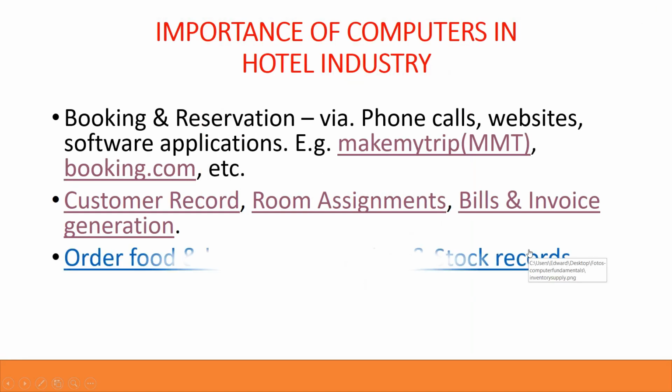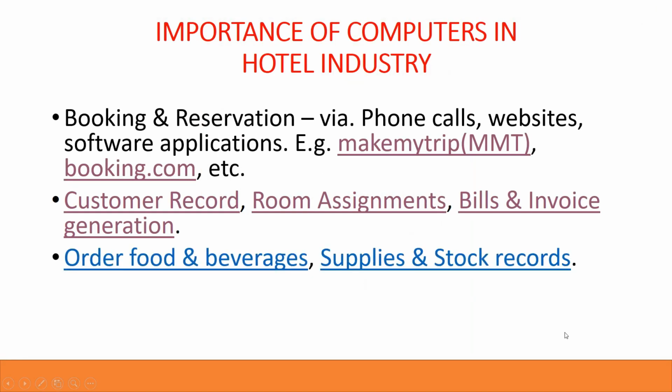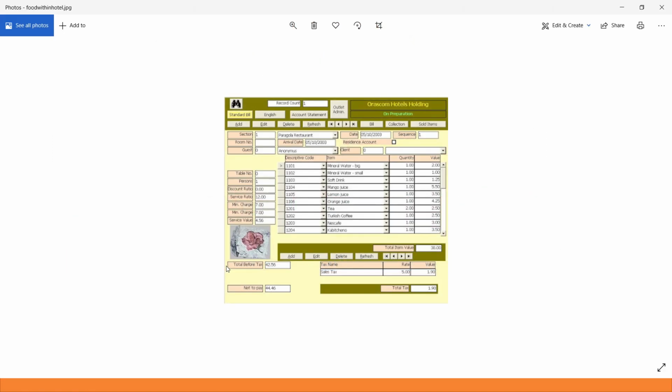Okay, and next, within the hotel, we can always order food and beverages, for example online or through the telecom service they have. This is the way they keep a record of which room ordered what.